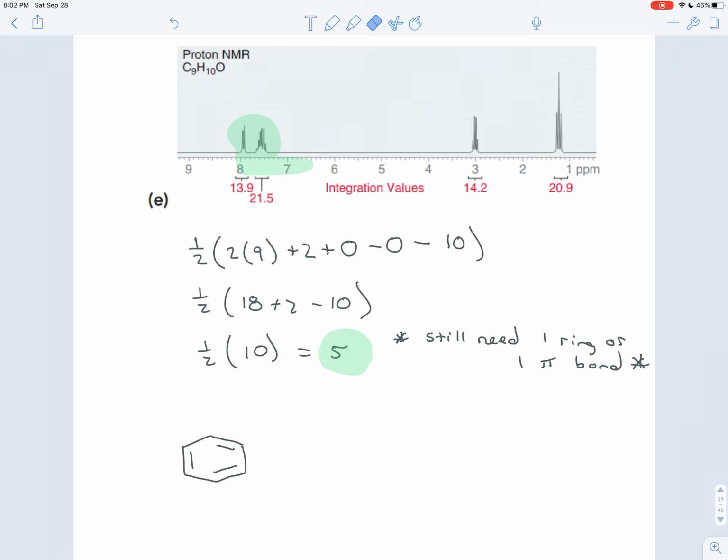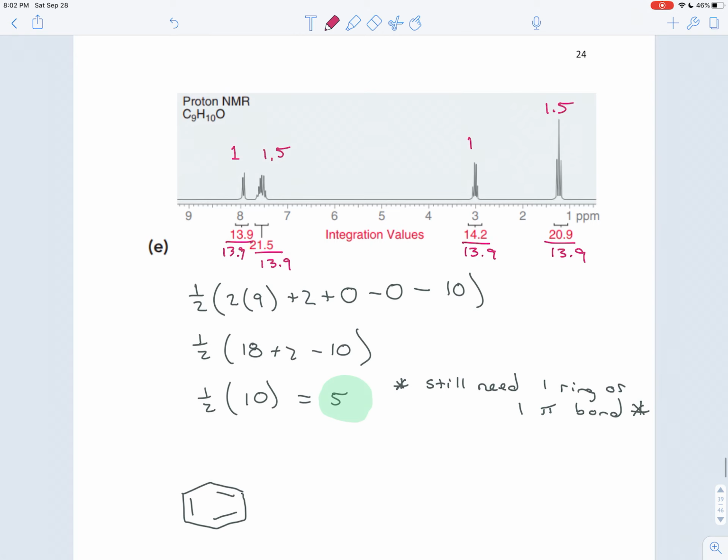Okay, now let's use the integration values to figure out how many branches we have coming off of the benzene ring. So here, the lowest number for the integration values seems like it's 13.9, so I'm going to divide everything by that. And for me, that is giving me around 1 here, and then 21.5 divided by 13.9 is giving me around 1.5 for this next one, around 1 for that, and 1.5 here.